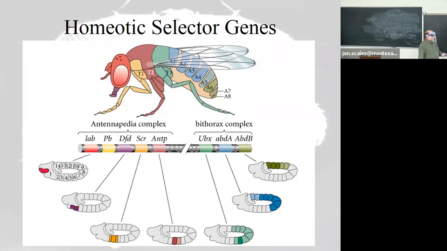It means 2 thoraxes, because when these genes are mutated, especially this one, ultrabithorax, you get 2 sets of wings. Rather than just 1 wing on the middle segment, you get a wing on the 3rd segment. You're not supposed to have a wing there if you're a fly.